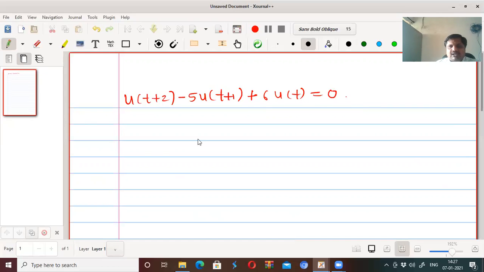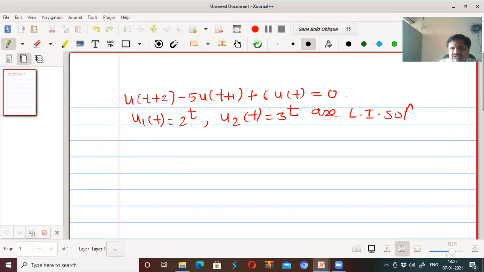Okay, we have to show that u1 of t equal to 2 to the power t and u2 of t equal to 3 to the power t are linearly independent solutions of this equation. Now we will prove how they are linearly independent solutions.